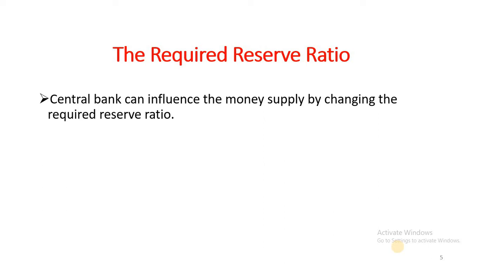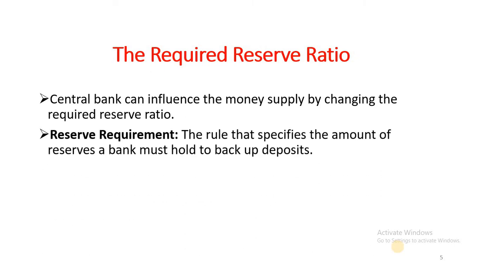So the central bank can influence the money supply by changing the required reserve ratio. Reserve requirement means the rule that specifies the amount of reserve a bank must hold to back up depositors.